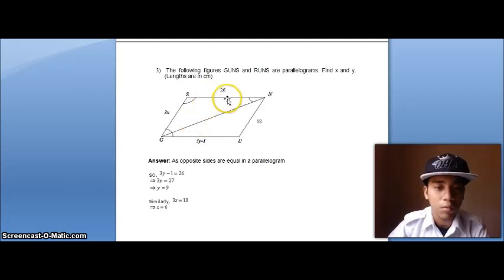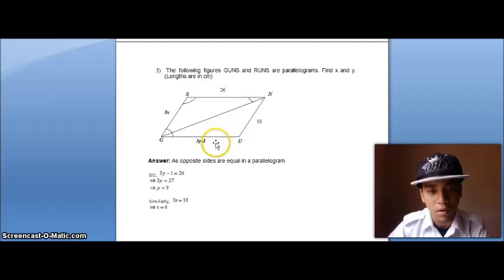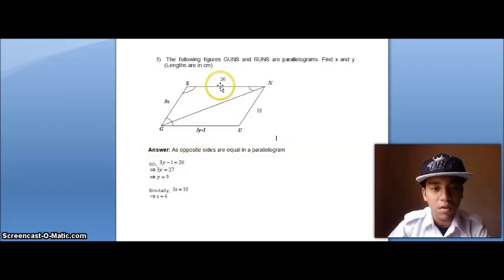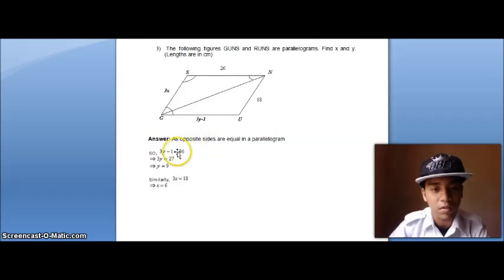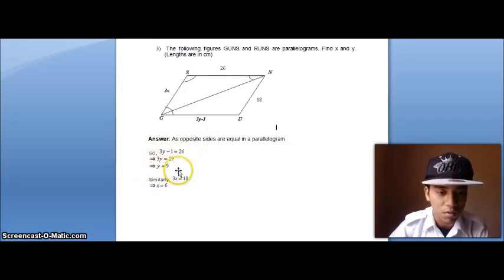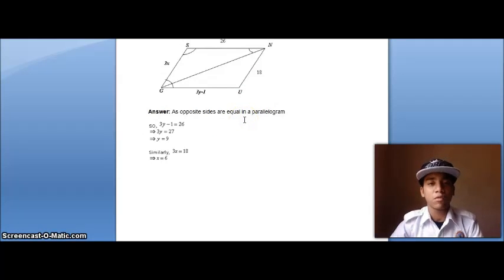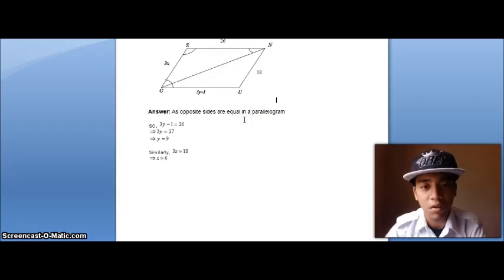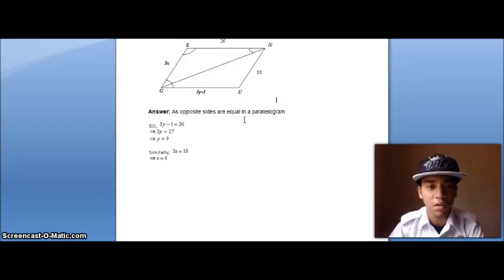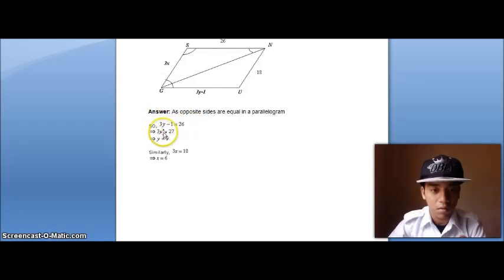So here is the same as this. For 26 and 3y minus 1, we can get y equals 9, right? We can calculate based on this calculation. The same goes for x, for these sides S, G, and N, U. I will spend a little bit of time on this part for you to understand more. Do you get it? We move to the next question.